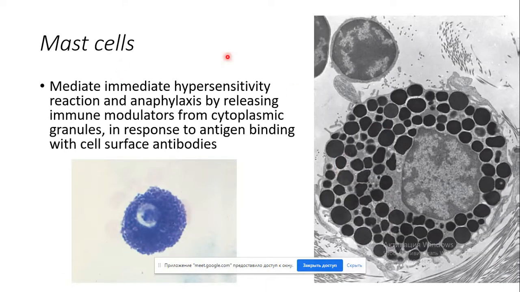All this happens because on the surface of the cells we have antibodies, and under the stress made by antigens, they undergo a process known as degranulation. They lose these granules, which they release outside, and that's how the cell facilitates its function.